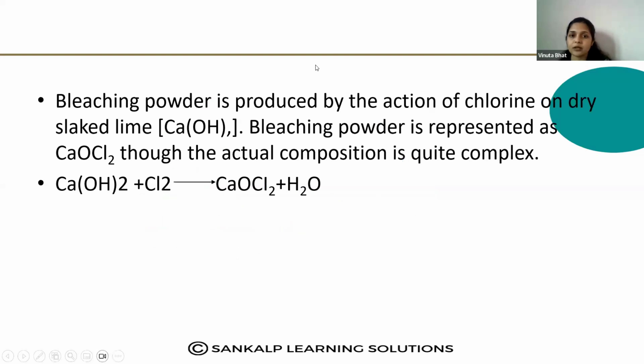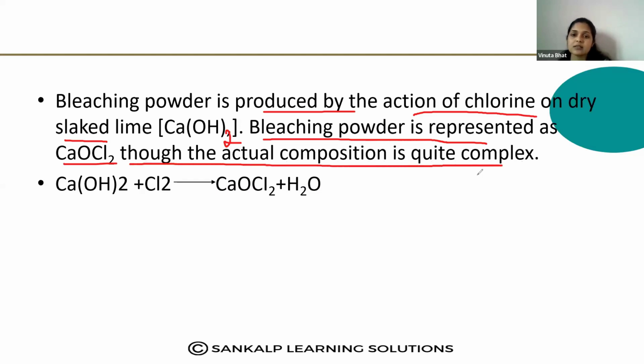Bleaching powder is produced by the action of chlorine on dry slaked lime, that is calcium hydroxide, Ca(OH)2. Bleaching powder is represented as calcium oxychloride, though the actual composition is different, so it is represented like this.